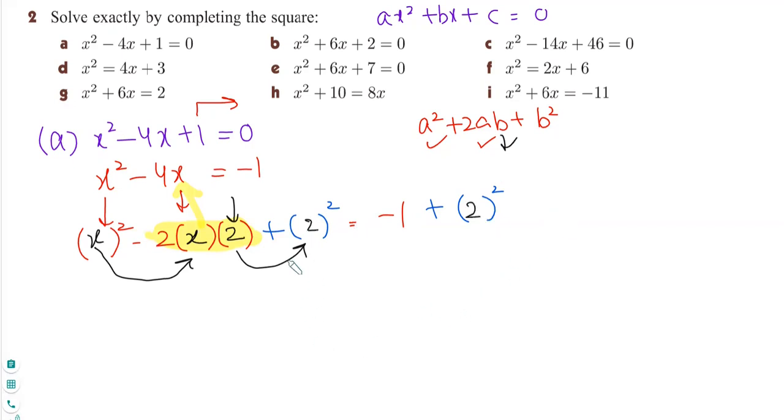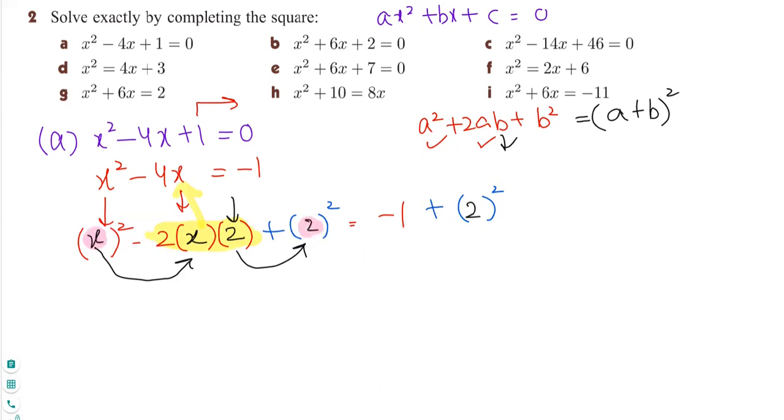Got it? So we have completed these three terms, a squared plus 2ab plus b squared, on the left-hand side. And we know that this identity is equal to (a plus b) whole squared, right? So what is a here? A is x, right? A is x here. And what is b? B is 2 here.